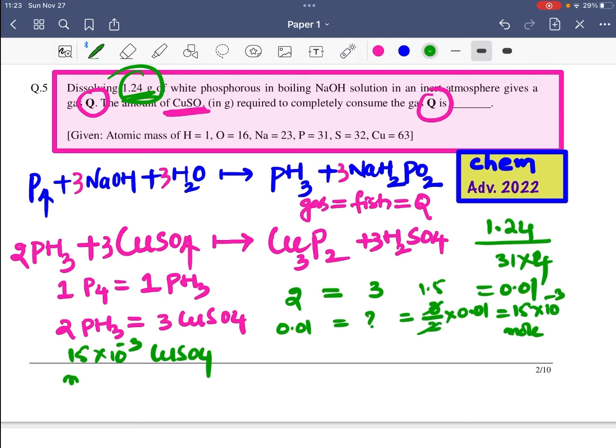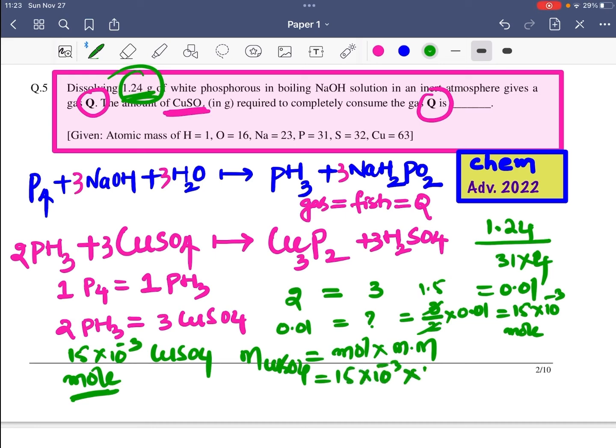So these are the moles, and we have to convert them to mass. So mass of copper sulfate equals moles multiplied by molar mass. So moles 15 into 10 power minus 3 multiplied by 159, the molar mass of copper sulfate, which is 159.